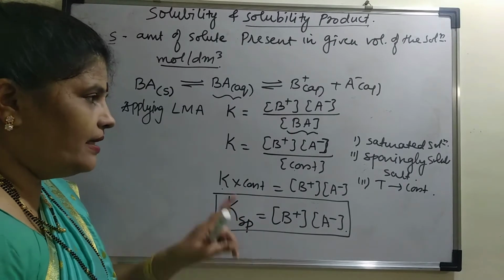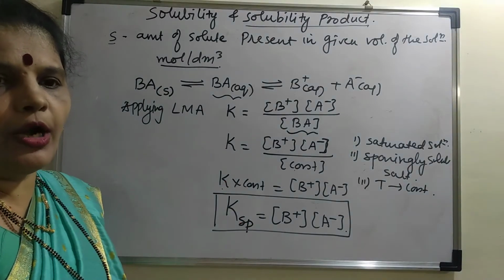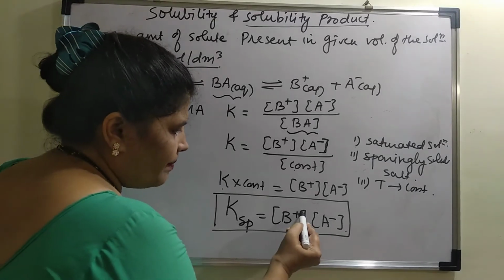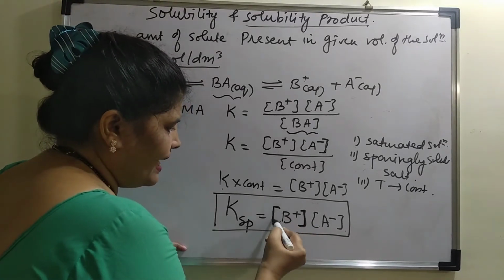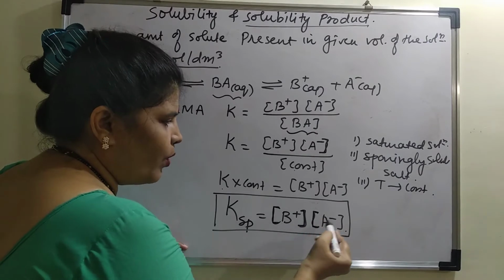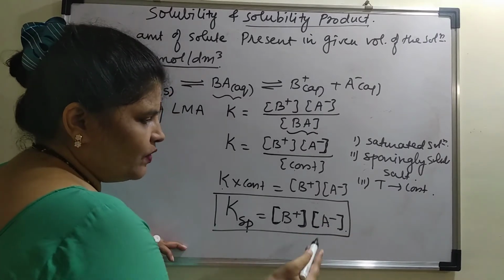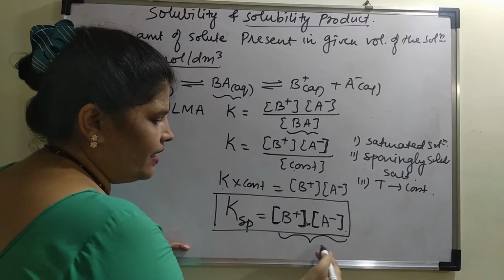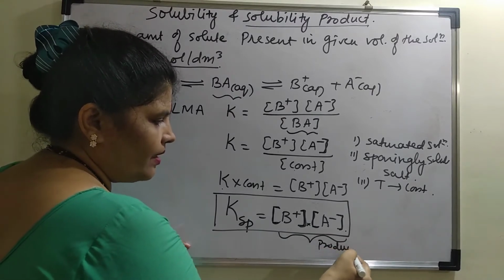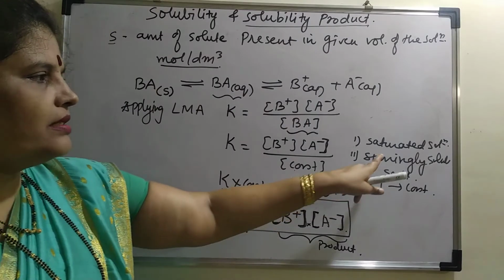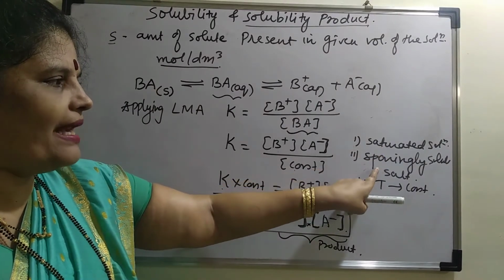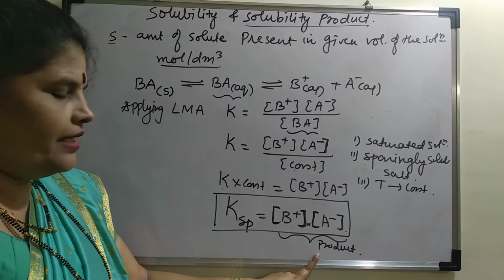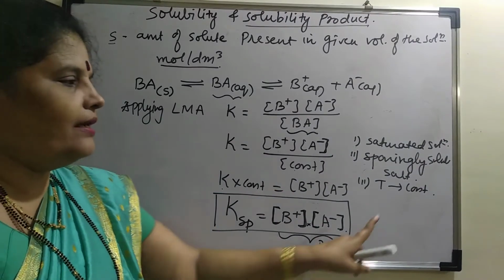Now we will create the definition for solubility product. If you see the particular terms here, we call these the active masses or the molar concentrations. The sign here is multiplication, so what we have here is the product.